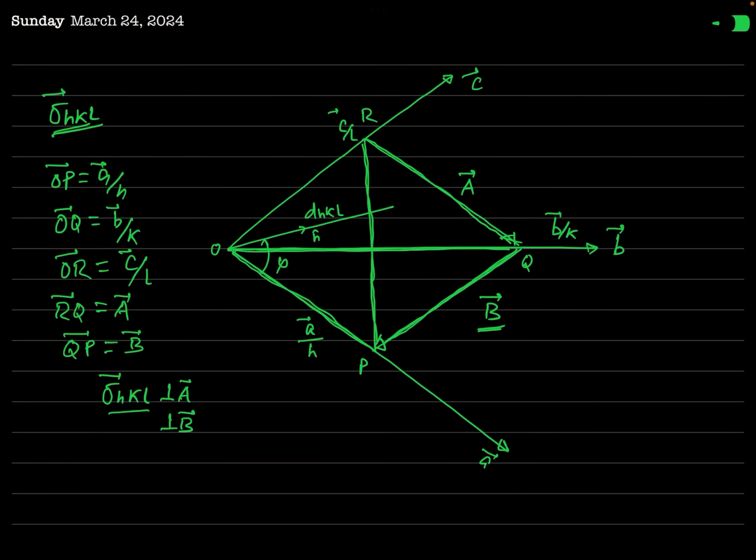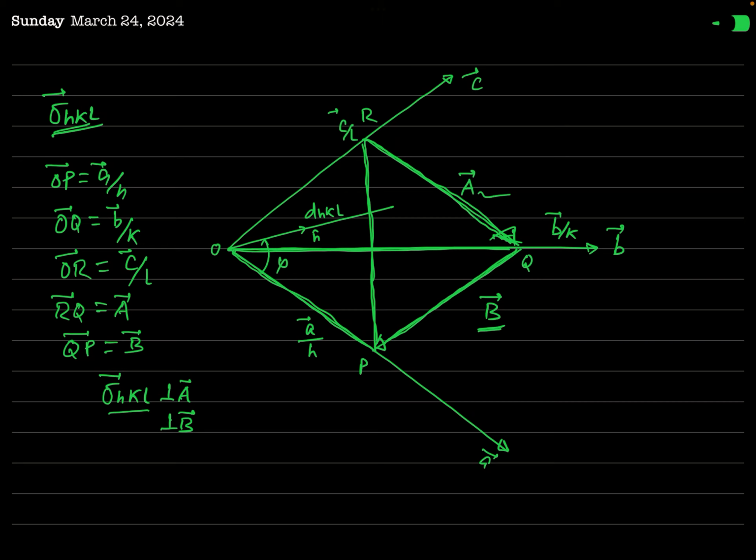Now see the figure again. I have considered that this RQ represents another arbitrary vector, and that vector I have considered A. Now we will also take the scalar product of this A with the sigma HKL. And for this, first of all, again apply the triangle law of addition.